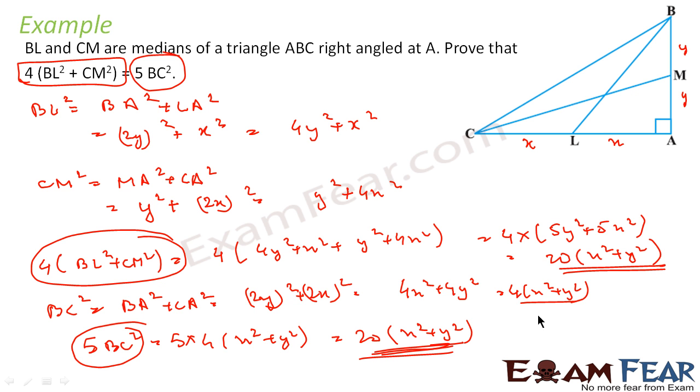Therefore, we can say that 4(BL square plus CM square) is equal to 5BC square. Very simple application of Pythagoras theorem. Just given that they are medians, so I made it x, y, y. Solve the equations to find the answer.